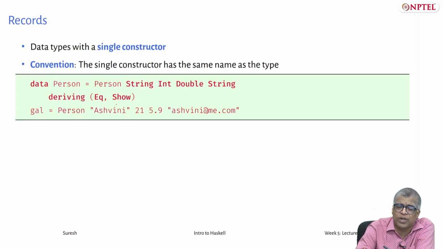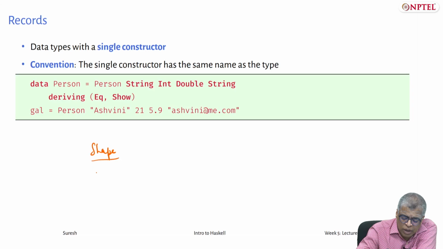There is a Haskell convention, which is that, so far we had Shape as the data type, this is the name of the data type, let me use a different color.